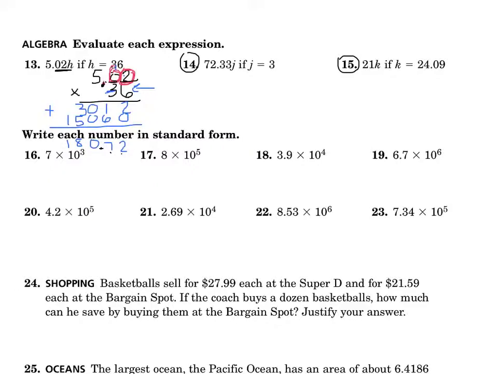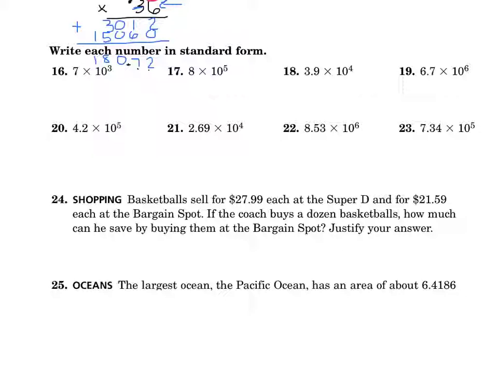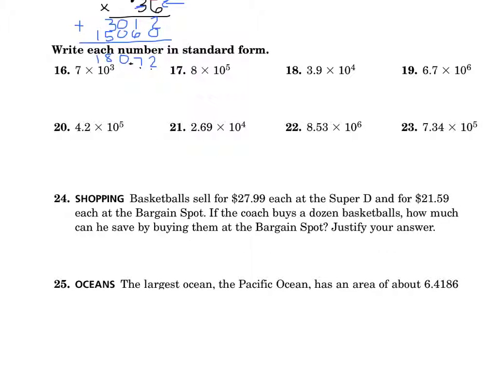When you do 16 through 23, this is called scientific notation. And when you do this, it is so easy. The 10 to the 5th power means it's a 1, 10 times itself, 5 times.